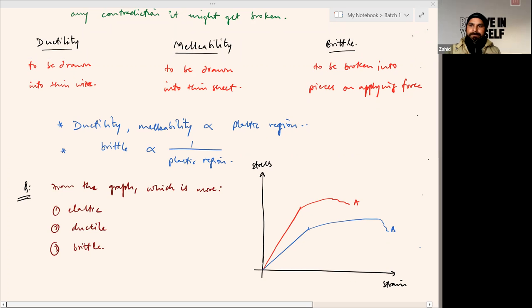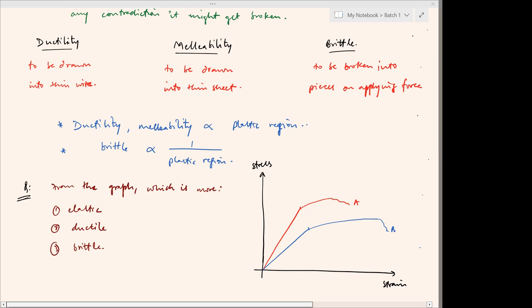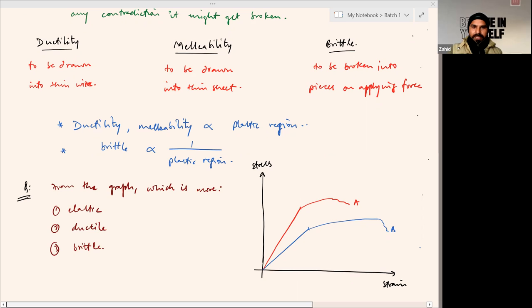Good, Salman. Good. Hiba, just tell me, how do you define the stress strain curve for elastic behavior of a particular material?